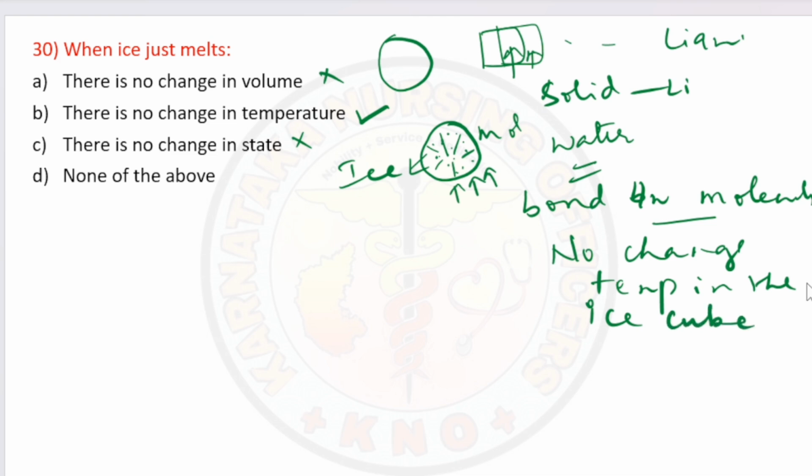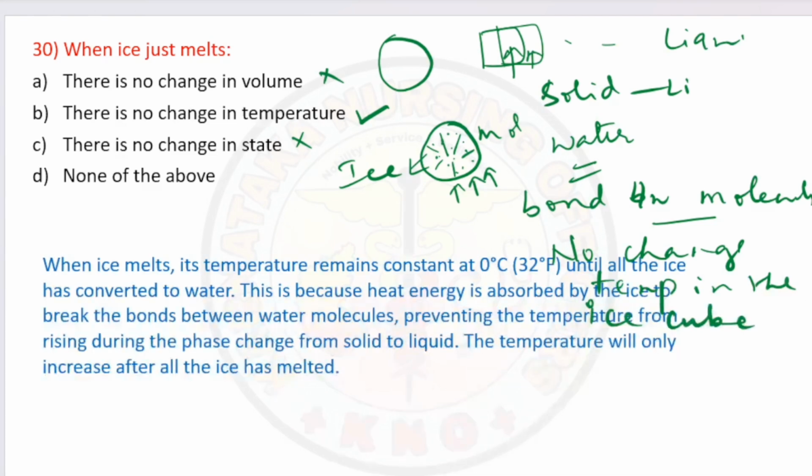So when ice is melting, its temperature remains constant. There is no change in the temperature until all the ice has converted to water. This is because heat energy is absorbed by the ice to break the bonds between the water molecules, preventing the temperature from rising.